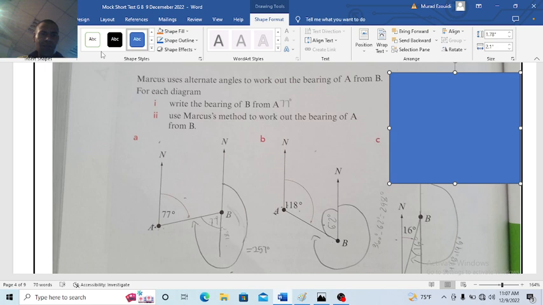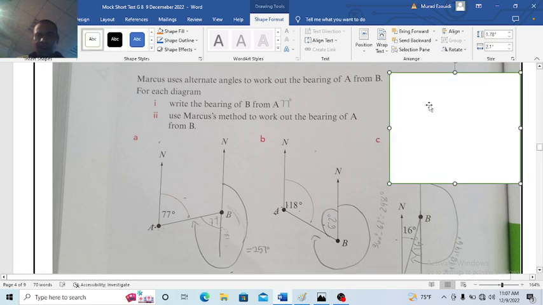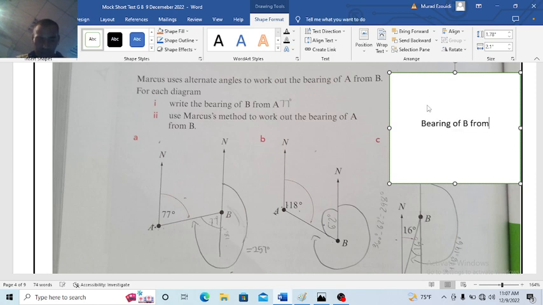So this one should be like that. So the question is to find the bearing of B from A. So the bearing of B from A, in fact, is that.